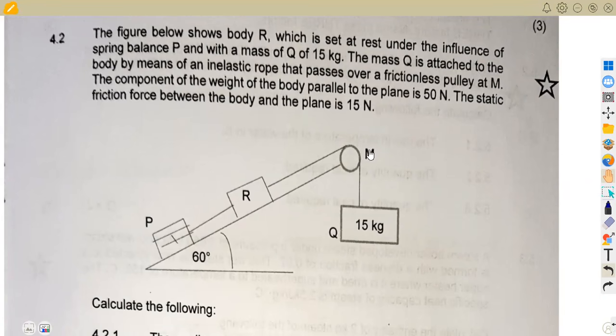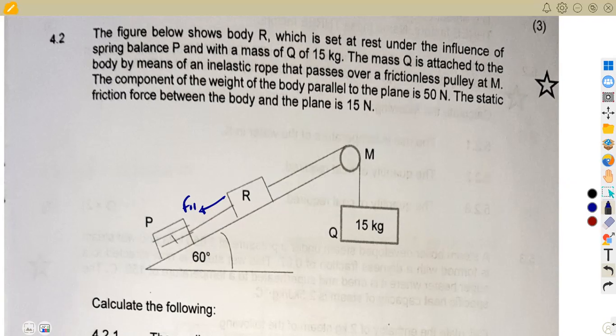Remember, parallel to the plane, we are simply going this direction here. That's where we are going to have our F parallel, also with our frictional force.